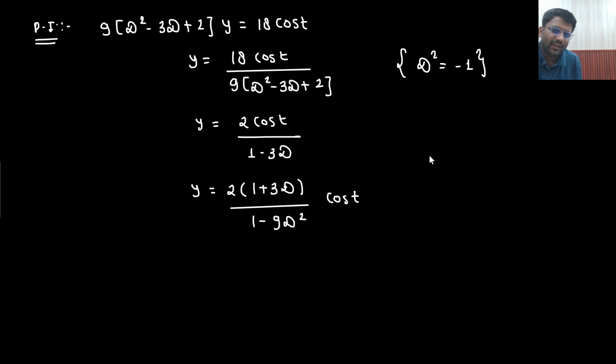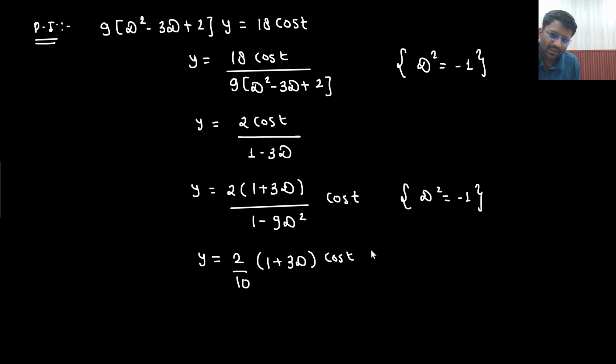So now d square equals minus 1 I am supposed to put here. So it will become 2 by 10, 1 plus 3d into cos t. So what we are getting, 1 by 5, 1 multiplied with cos t, so it will be cos t only, and 3 into d cos t, that will become 3 sin t. Right?